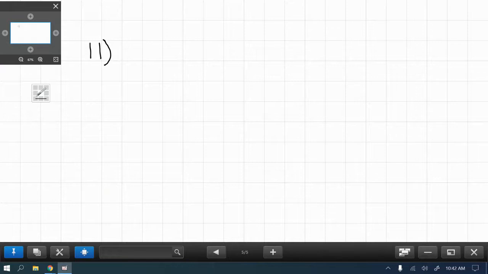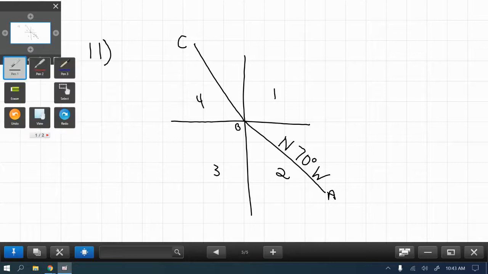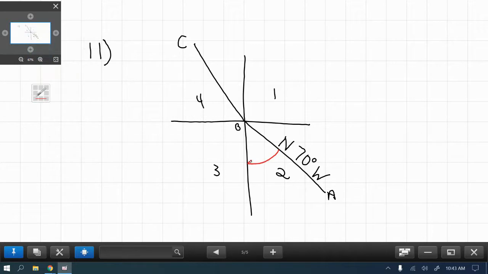We know the bearing from A to B. And A to B. Okay.